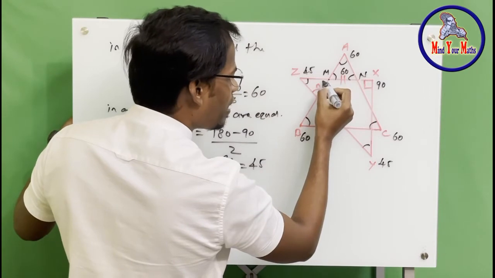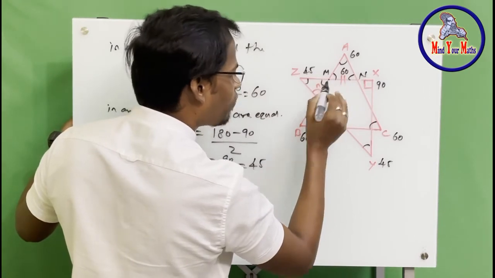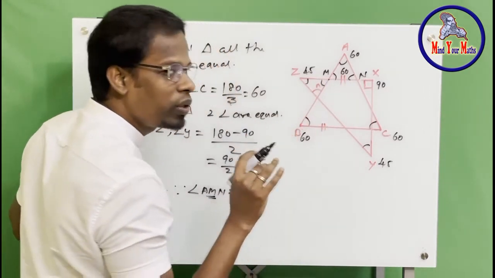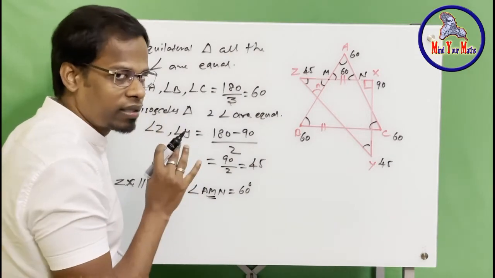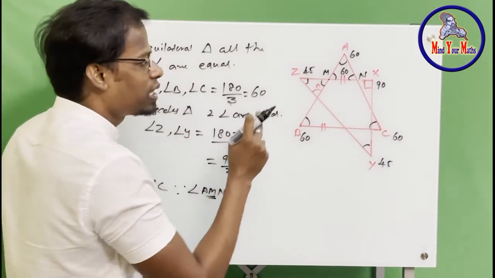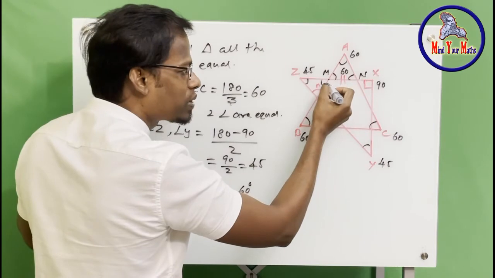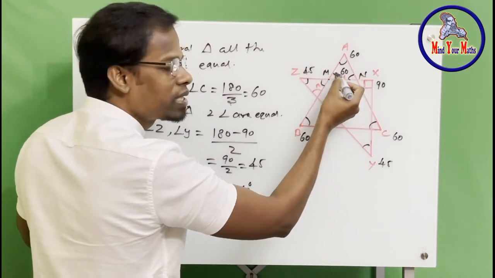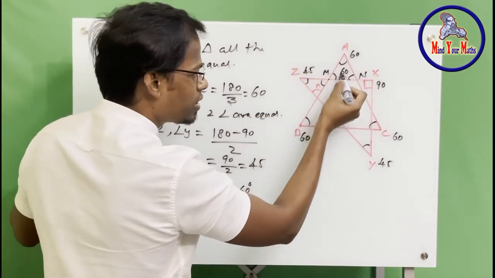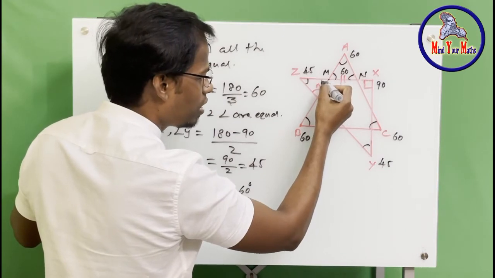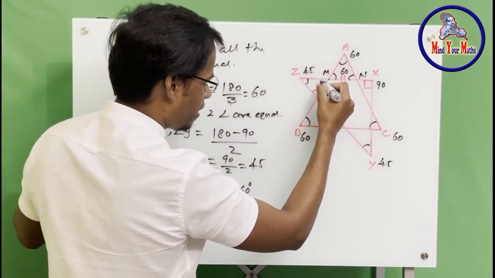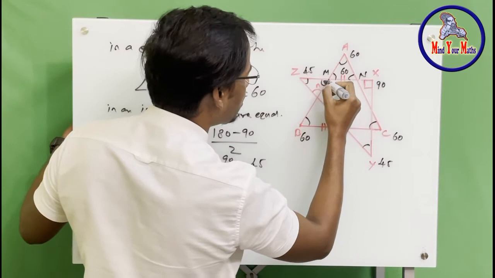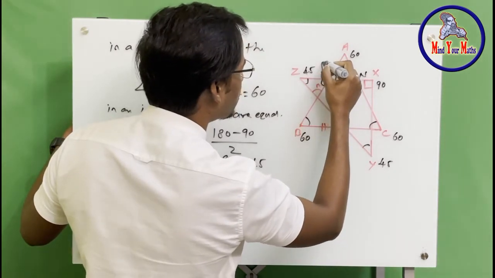That is why the opposite side will also form 60 degrees. When two lines intersect, they always form two equal opposite angles. So this is 60, so this one is also how much? 60, right?